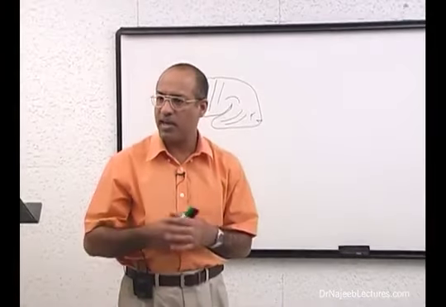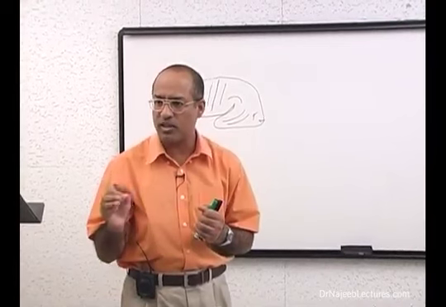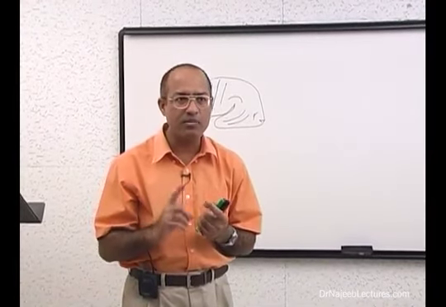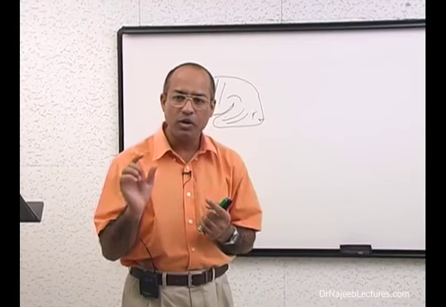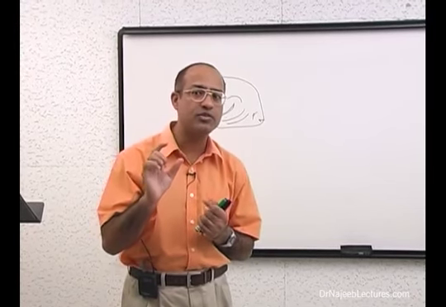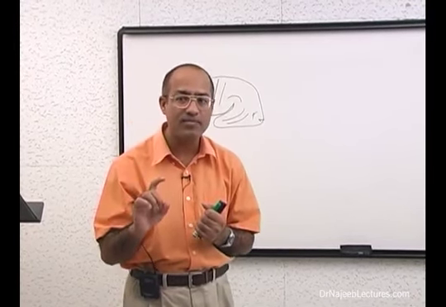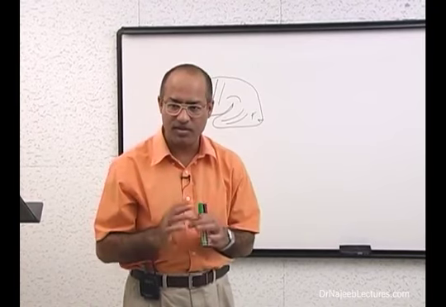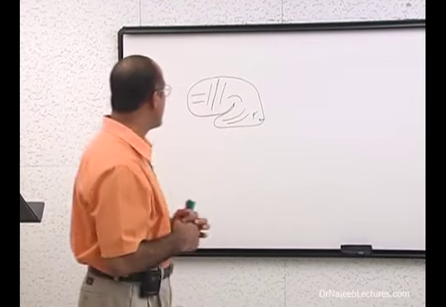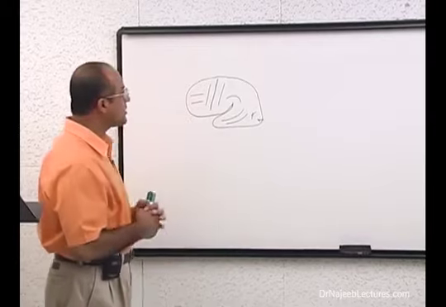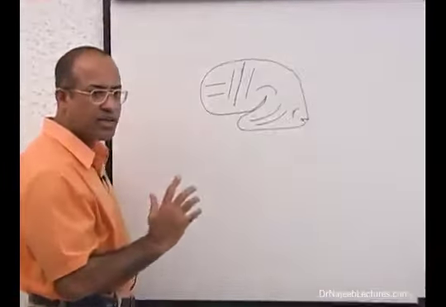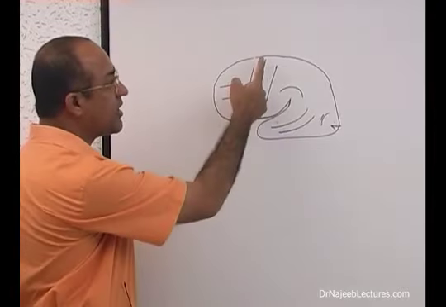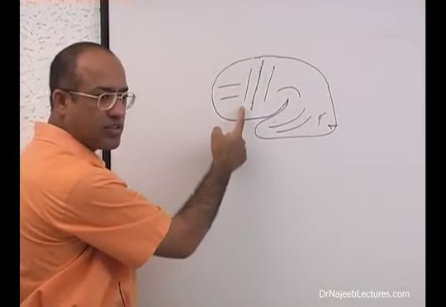Number one was electrical stimulation through electrodes to different areas, and number two, by looking for neurological deficits which are produced by destructive lesions. Am I clear? Now, let's see what they came to know with different experiments: that motor areas in the cerebral cortex are anterior to the central sulcus.